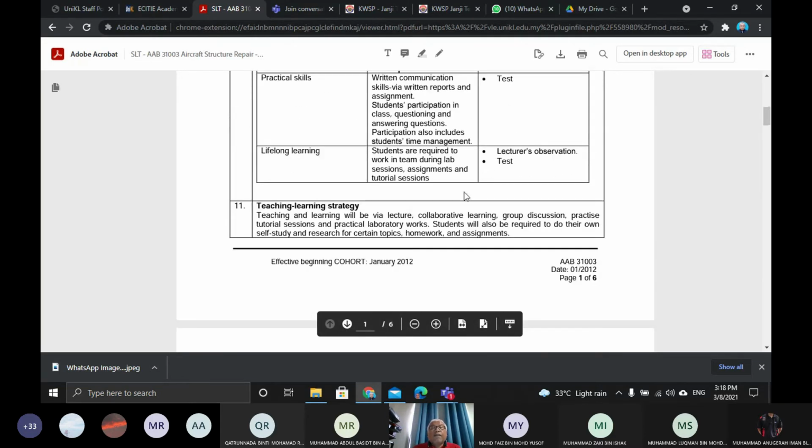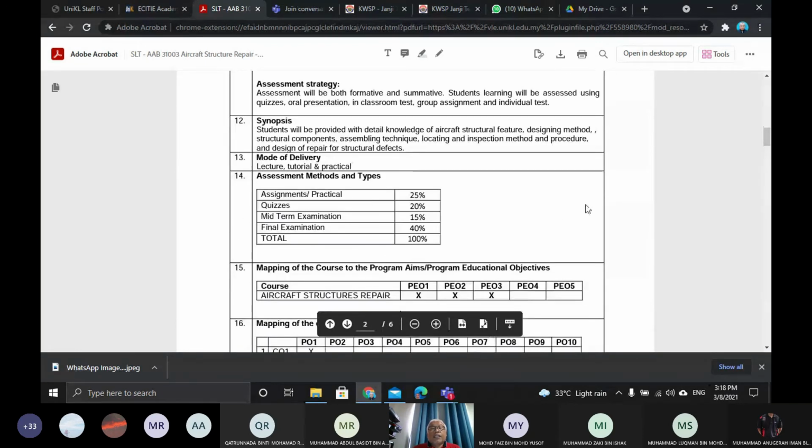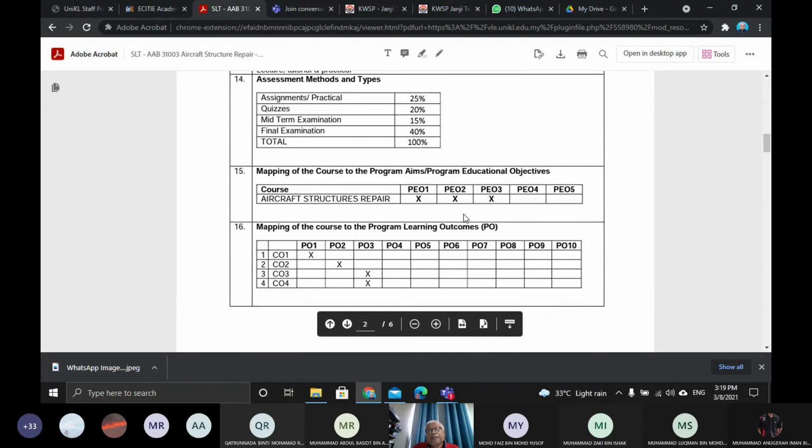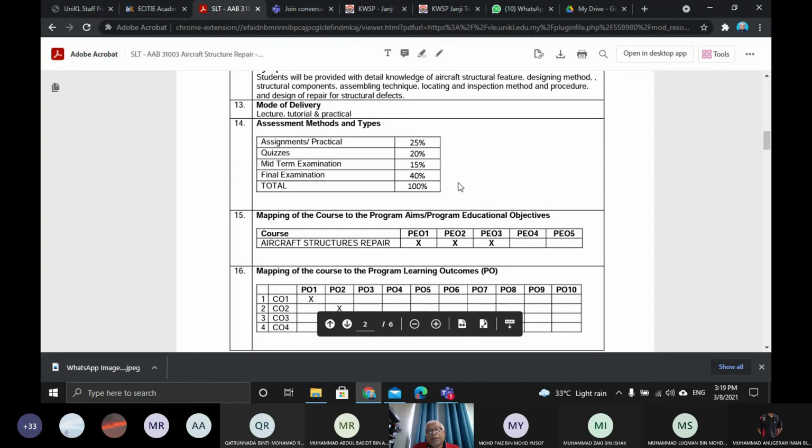Okay, now on the assessment, we have quizzes 20%, assignment 25%, midterm 15%, final exam 40%. So that is how you need to score. And like I said earlier, there are some people who fail the class because they failed to submit the assignment.